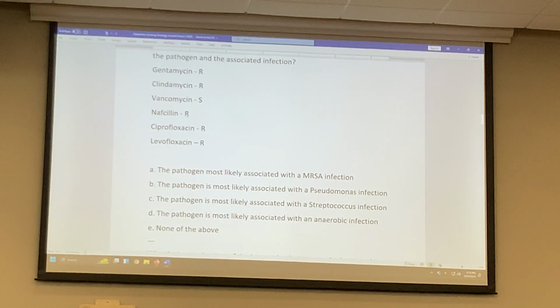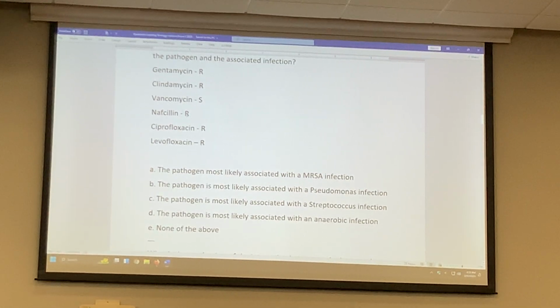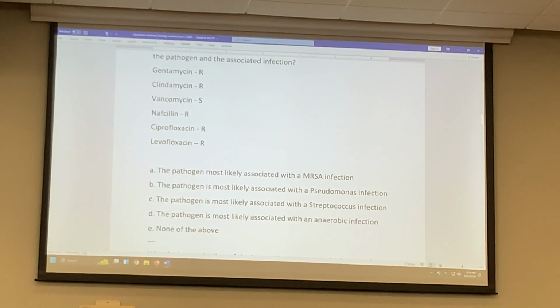Because nafcillin is a great drug for streptococci and staphylococci, non-MRSA, right? So that's a little bit more challenging here, but vancomycin definitely would treat strep, most likely nafcillin as well, right? And clindamycin also.